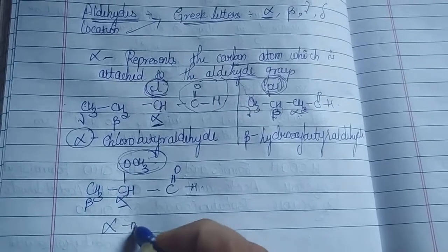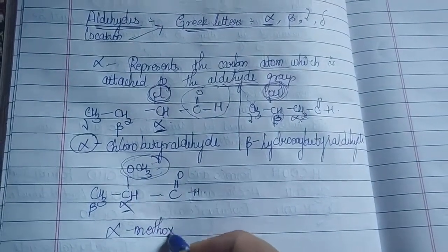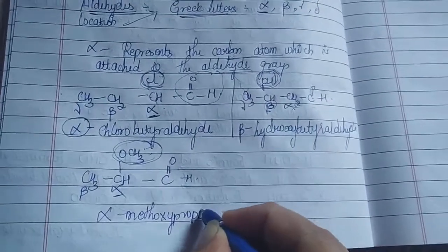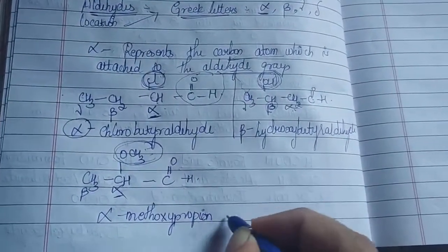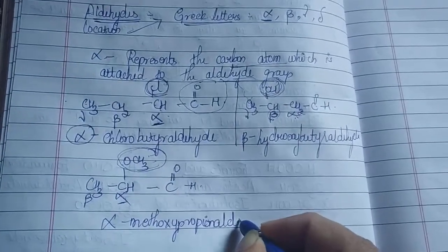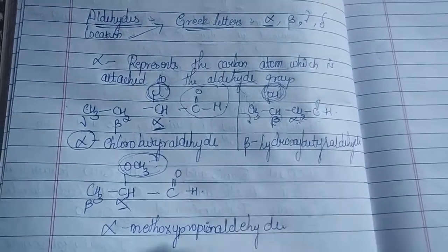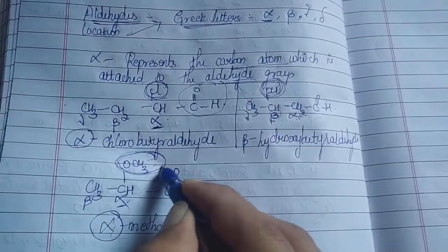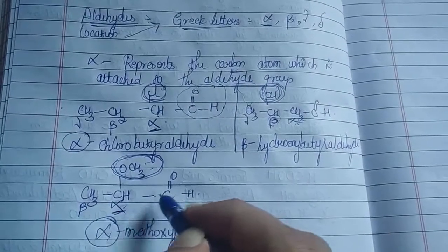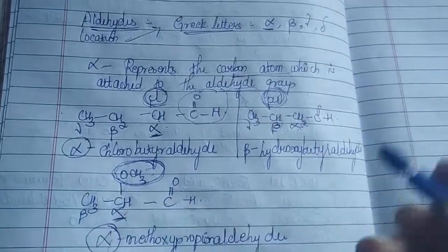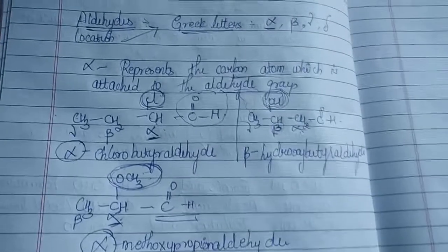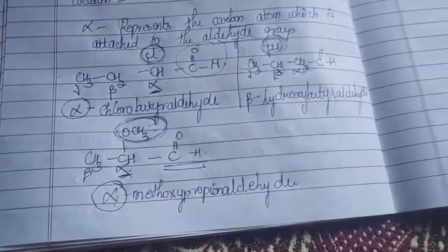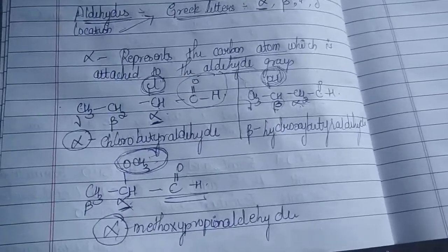So alpha hyphen methoxy propionaldehyde. Getting my point? So here alpha is indicating the substituent position. How will you get this alpha? The carbon atom which has been attached to your aldehydic group. So now we came to know how to name the common names of both aldehydes and ketones.